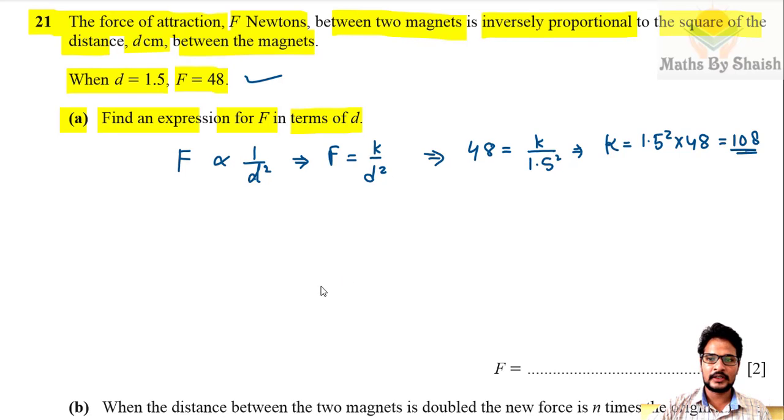So once we got 108, we can directly write F equals 108 over d square, and that's the expression in terms of d. So it is 108 over d square.